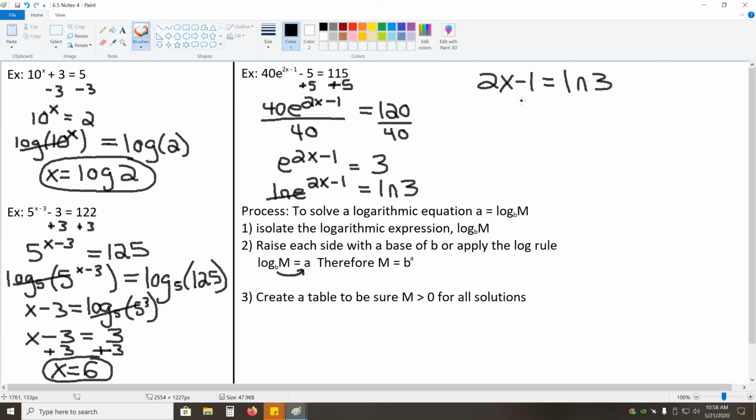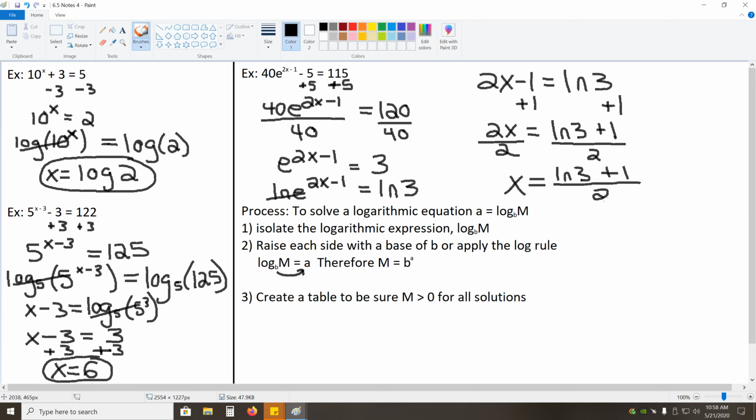And from here, we will now solve for x by adding 1 to each side of the equation, giving us 2x equals the natural log of 3 plus 1. And finally, dividing each side by 2, which gives us x equals the natural log of 3 plus 1, all over 2.